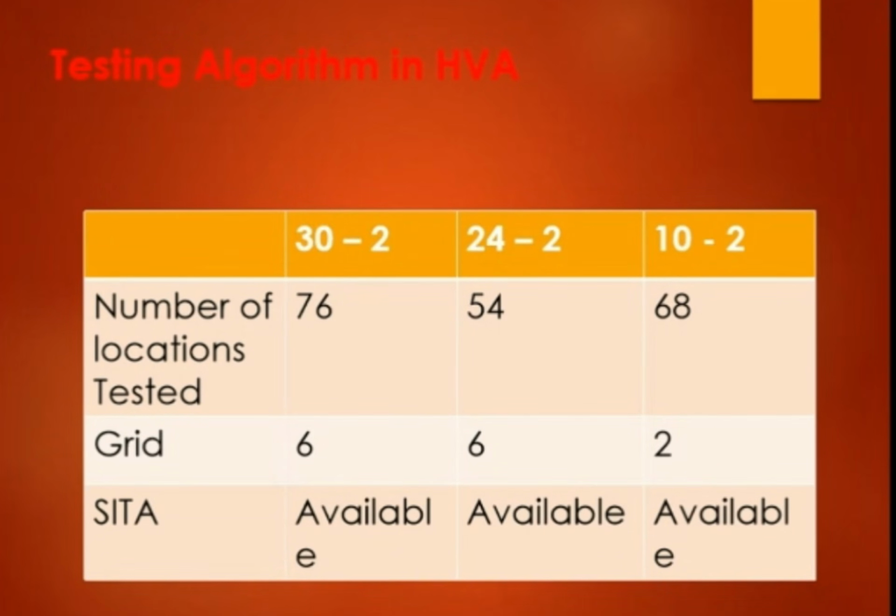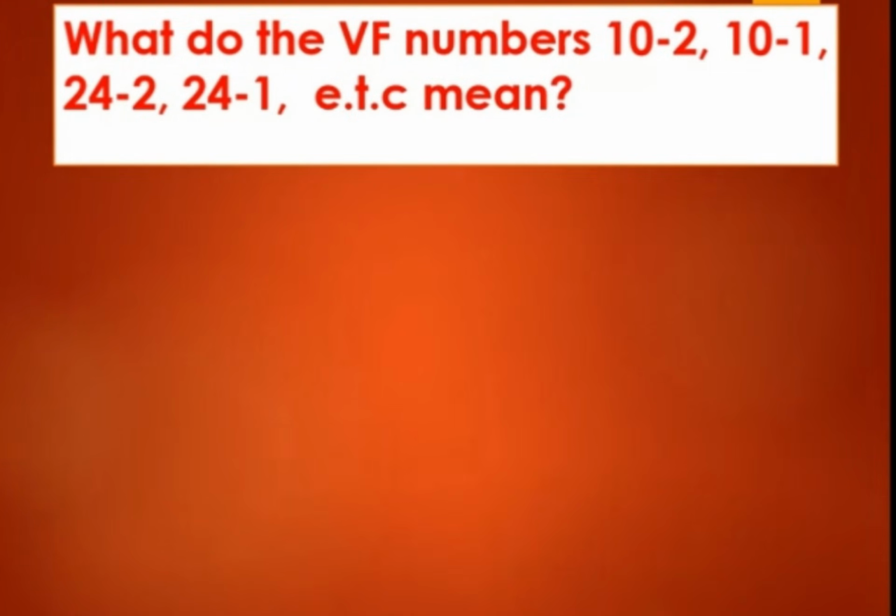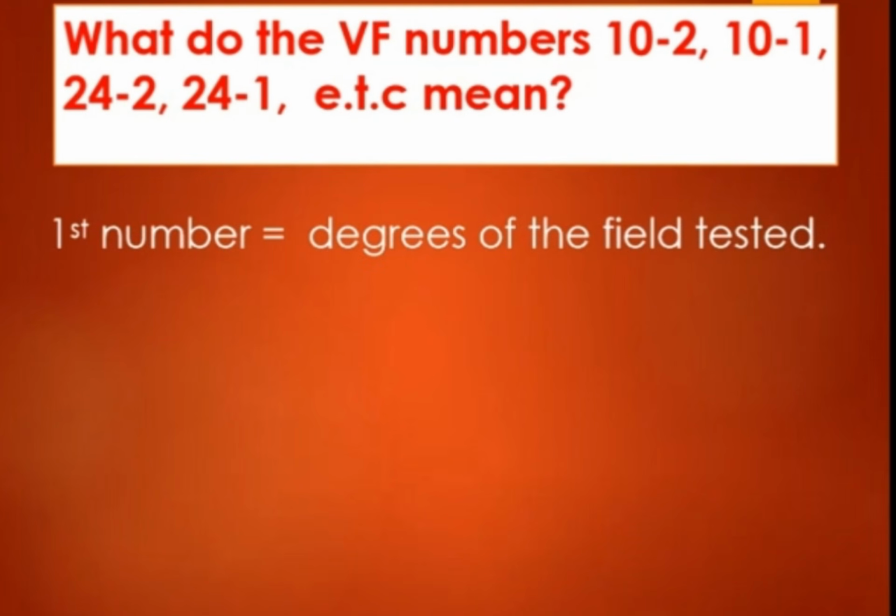So the central 30 tests about 76 locations, the central 24 tests about 54 locations, and the central 10 tests about 68 locations. The grids, meaning the circles being tested, in the central 30 is about 6, that of the 24 is about 6, while that of the central 10 is about two grids, that's two circles within the macula.